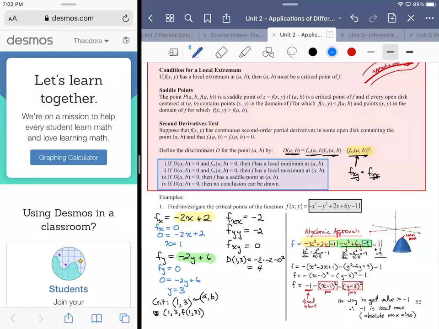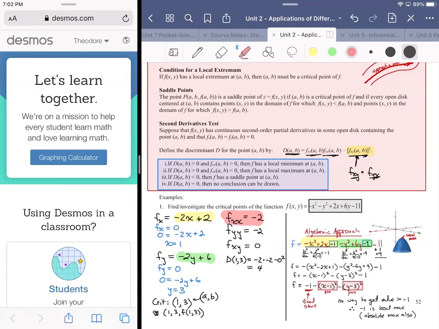So you see the first condition is that the discriminant is positive, and the second order partial with respect to x is also positive. Then we're looking at a local minimum, all right? So my second order partial with respect to x, and this piece here, I'm looking at a negative.